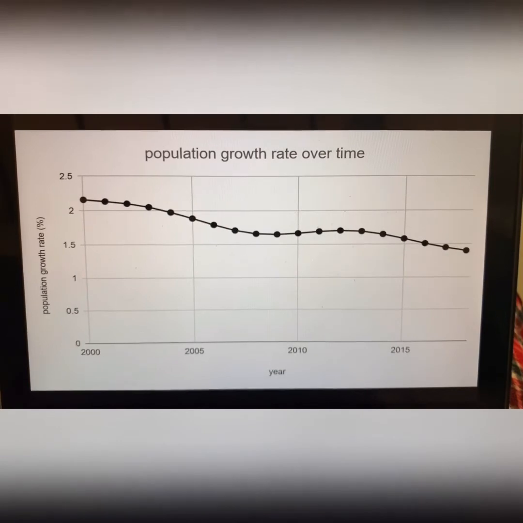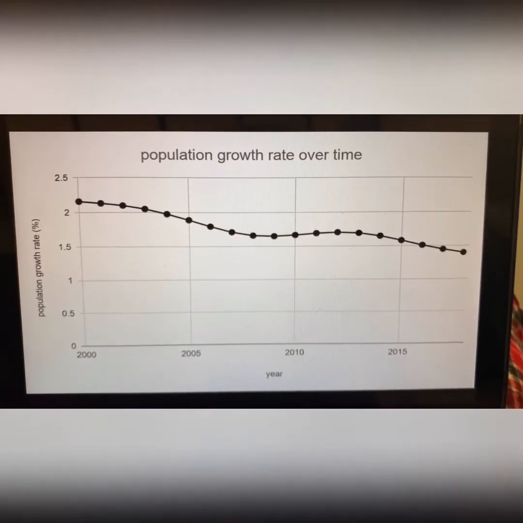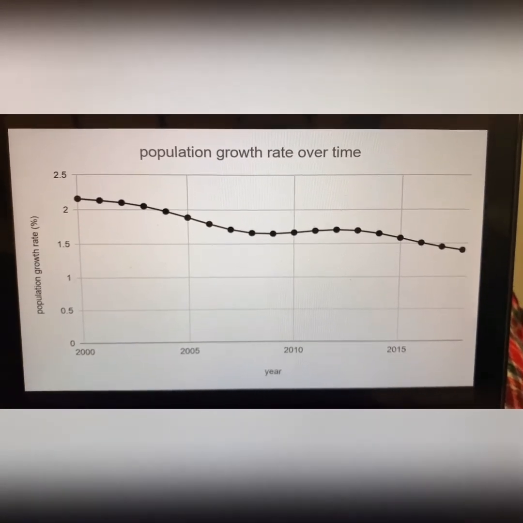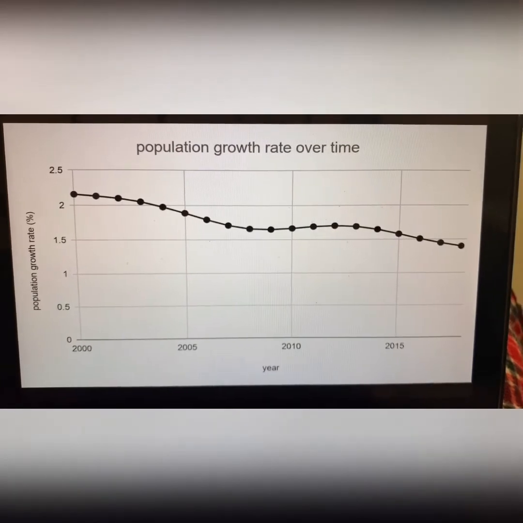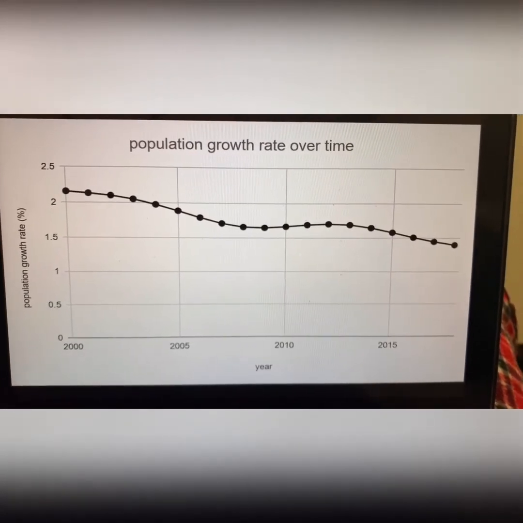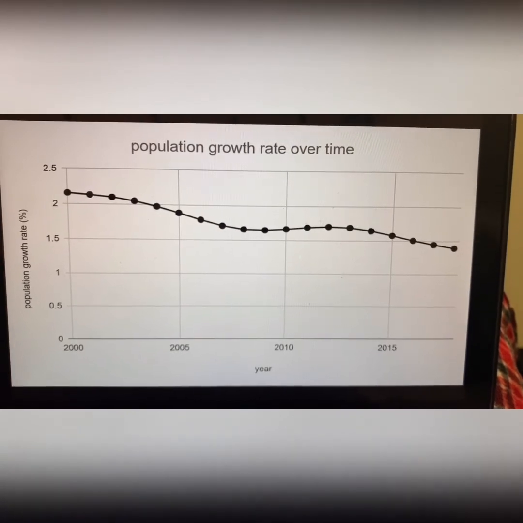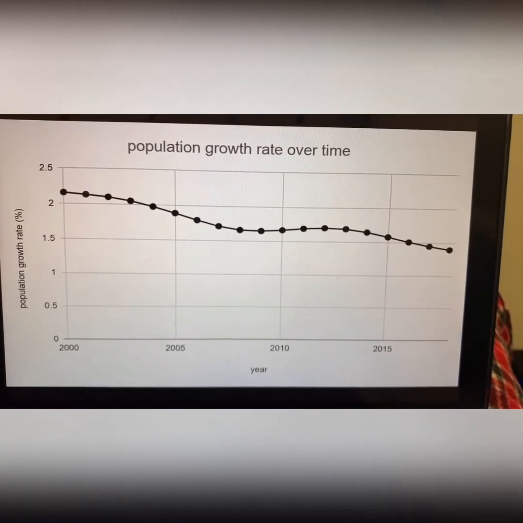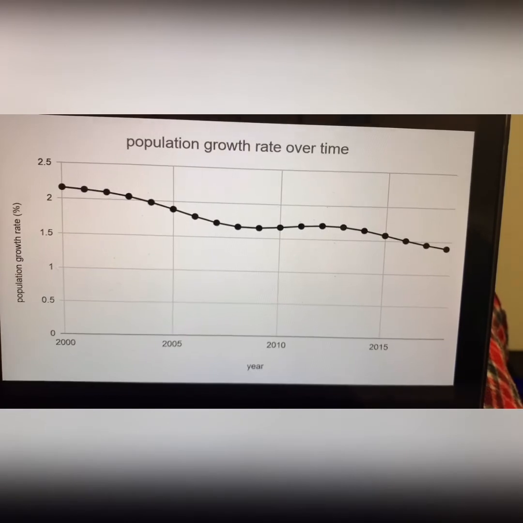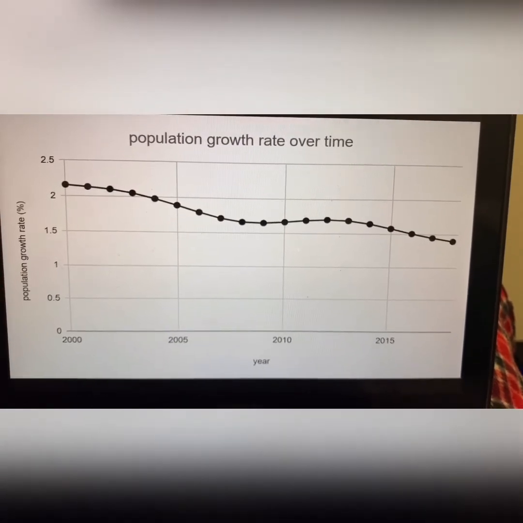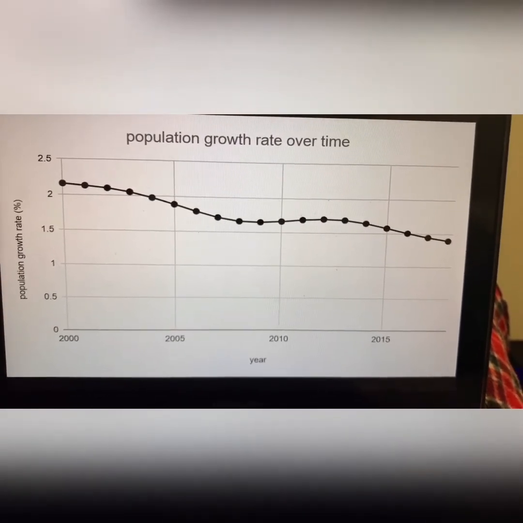It starts off at around 2.2% in 2000, and by the end, it's less than 1.5% year-over-year growth, meaning the Philippines is growing a lot slower than it was 2 decades ago.